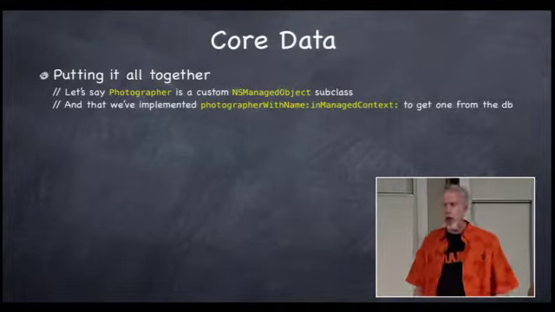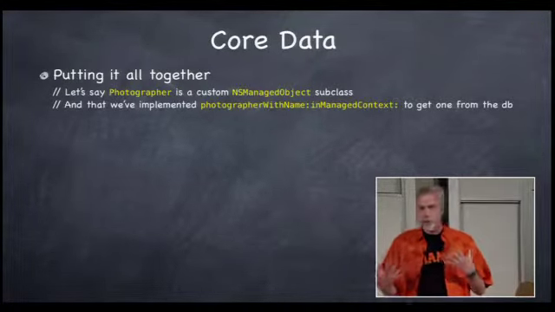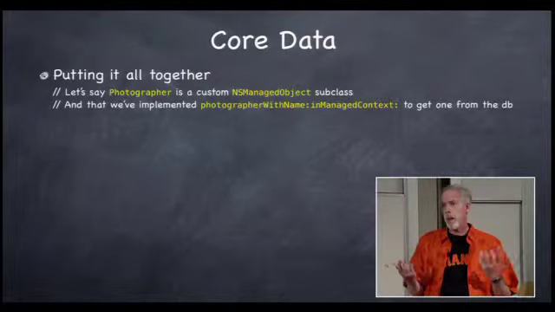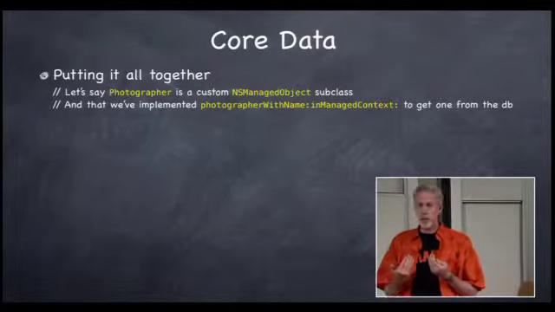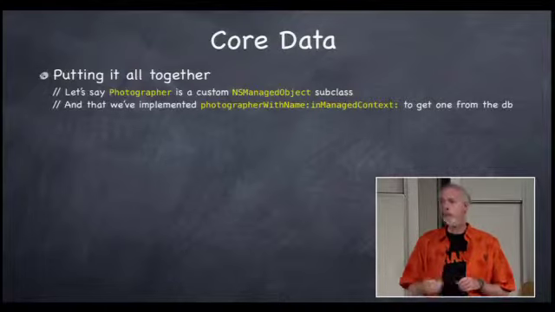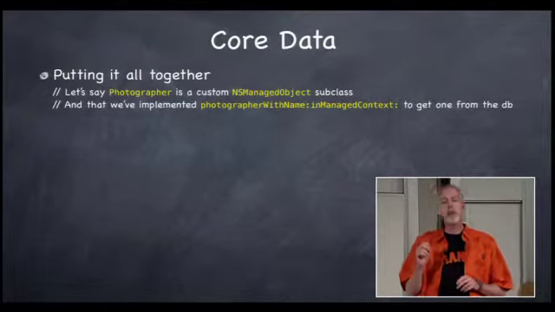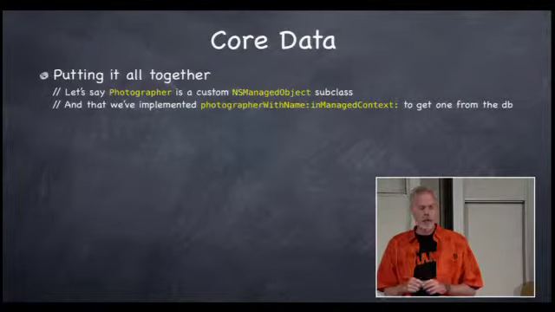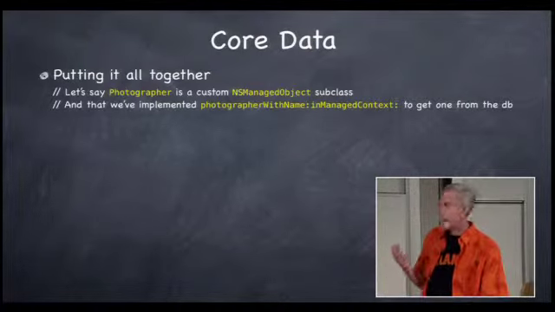All right, so let's put all this stuff together. So let's say we have photographer, and it's an NSManagedObject subclass, and let's say we have a method that we've implemented in our custom subclass called photographerWithName:inManagedObjectContext:. And it's very common to implement a method like that in your custom NSManagedObject subclass. And what does that method do?